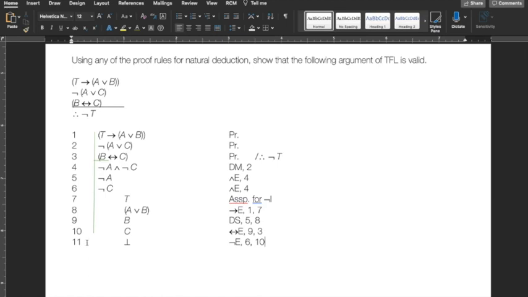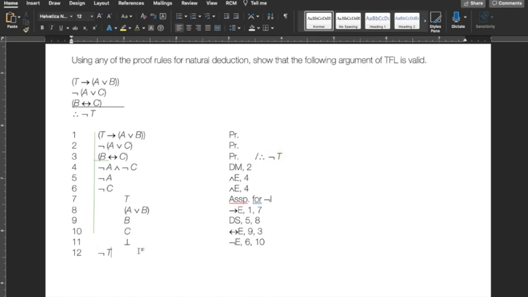And that's great, because to conclude a subproof for negation introduction, we have to reach a contradiction. And once we do, we're allowed to infer the negation of the sentence we started by assuming. So we can infer not T, which is exactly what we wanted to prove.